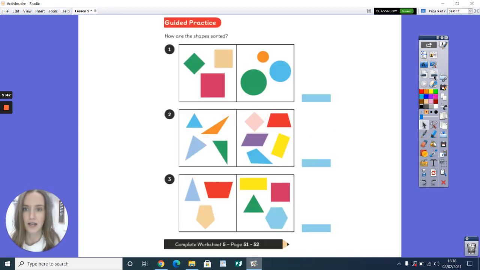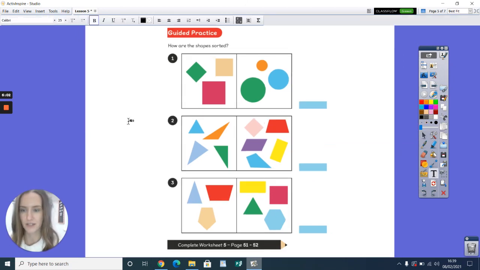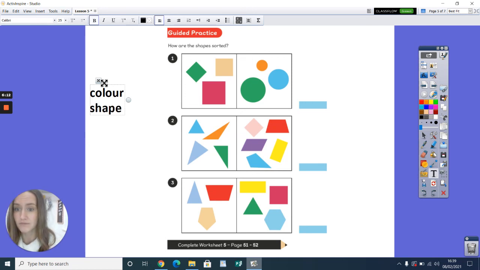Okay, so your guided practice today is you need to tell me how these shapes have been organised. So what I might do is I might just put some keywords down this side to help you. So, have they been organised by colour? Have they been organised by shape?